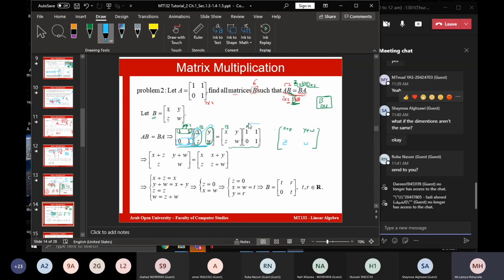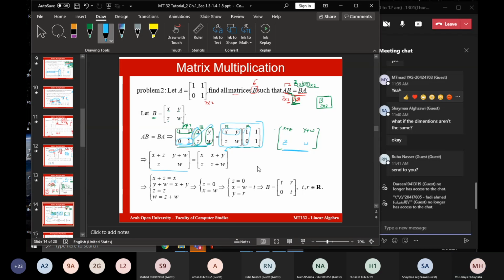Now what? Now we multiply this one as well, the same way you multiply a row times the columns and you get the values. So actually this one, we got it. And after you multiply this, you're going to get this result here.